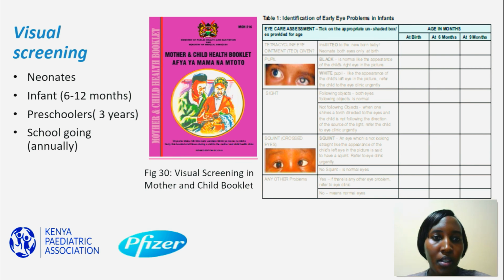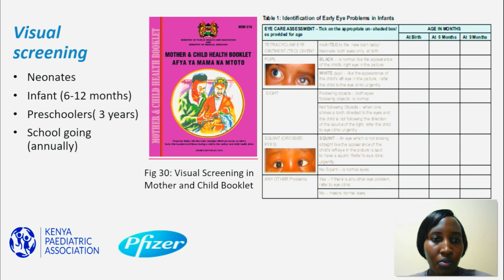When you examine the pupil, you're looking for whether the pupil is black or white, for white reflex, and assessment of sight based on age. Here you'd use some of the pointers we're talking about of poor vision, and also the normal development of the eye to see whether the child is able to use the eyes as per age.